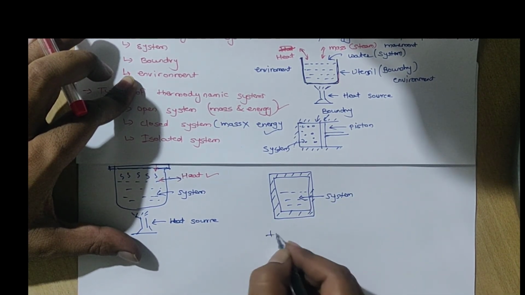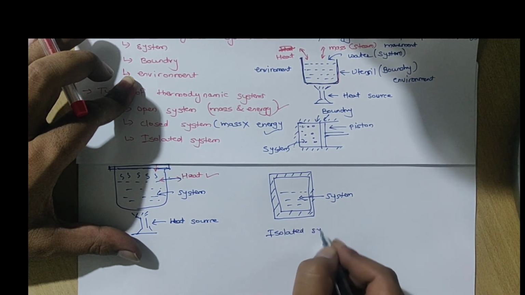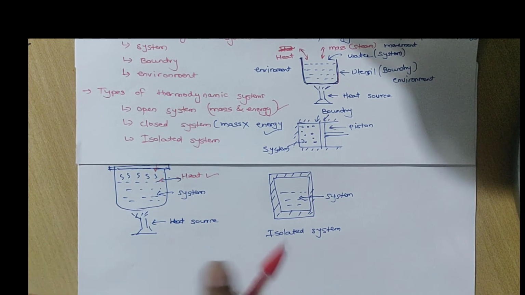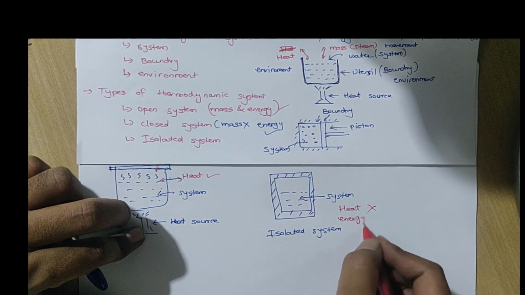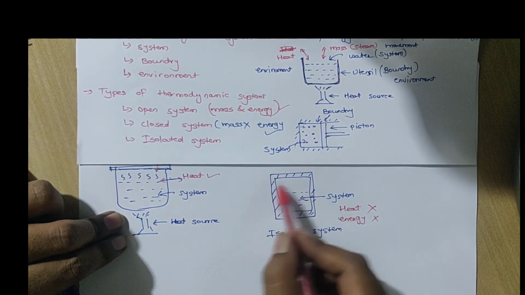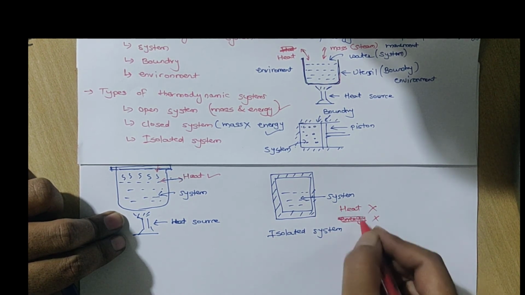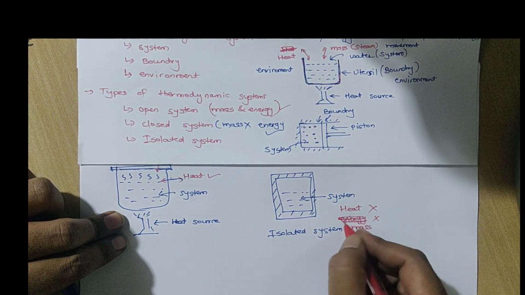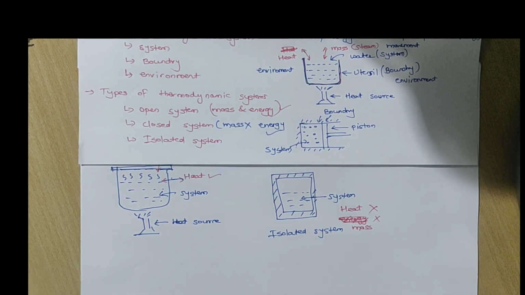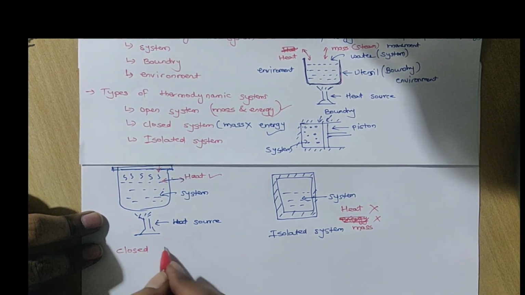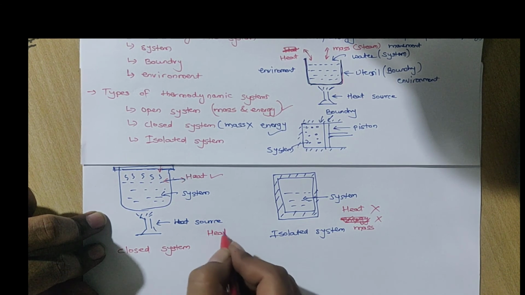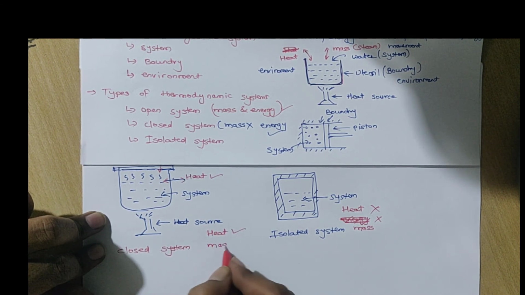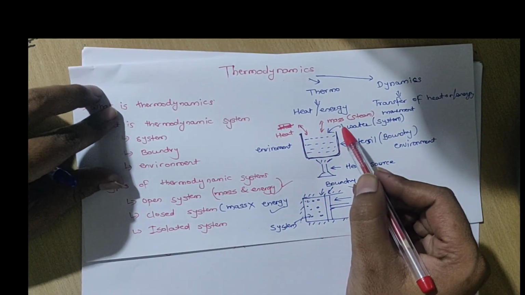So in isolated system there is no transfer of heat and mass because the boundaries do not allow it. In closed system heat is allowed but mass transfer is not allowed, and in open system both heat and mass transfer is allowed.